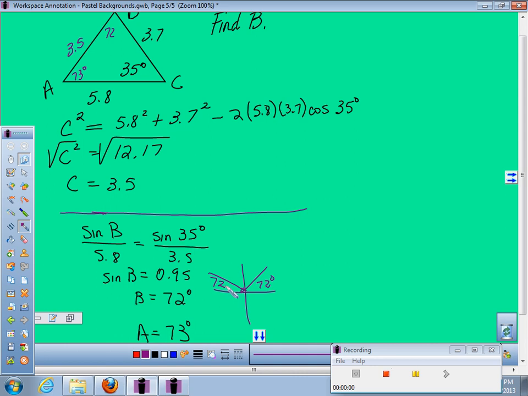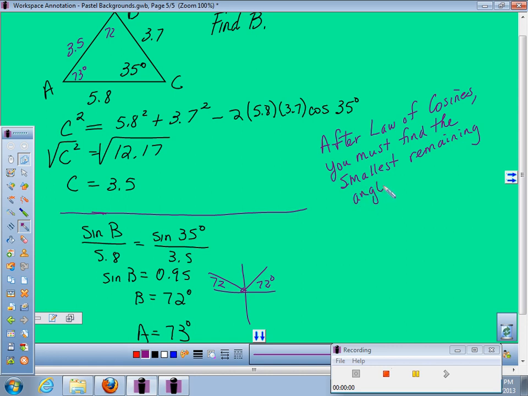So the key thing is, after the law of cosines, you must find the smallest remaining angle next. So once you're done with law of cosines, you've got to find whatever the smallest angle would be next, because then when you subtract, you'll find out if it's the obtuse angle or not.